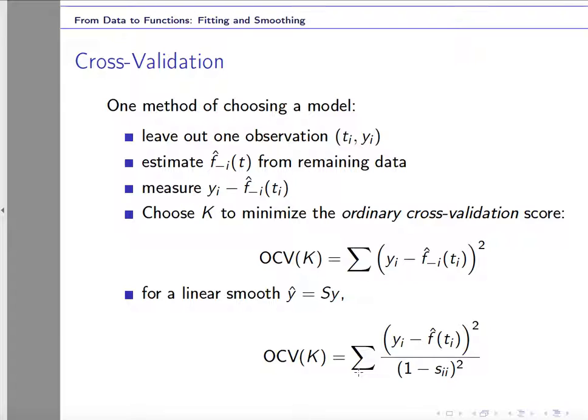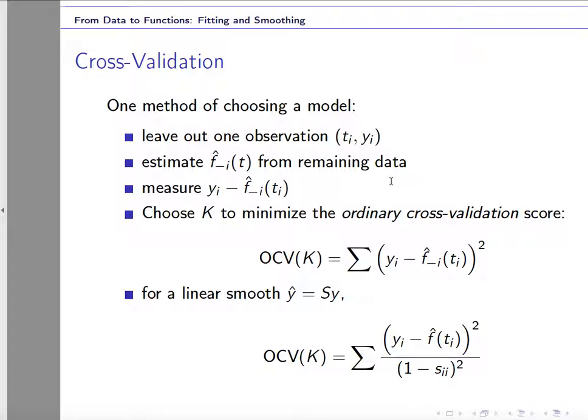So what we can do is randomly select one data point, (t_i, y_i), right? We remove this point, and we estimate the function using the remaining data.